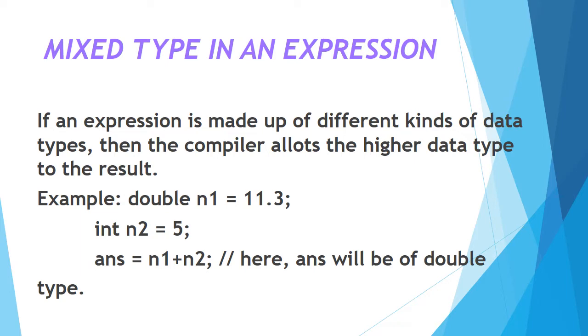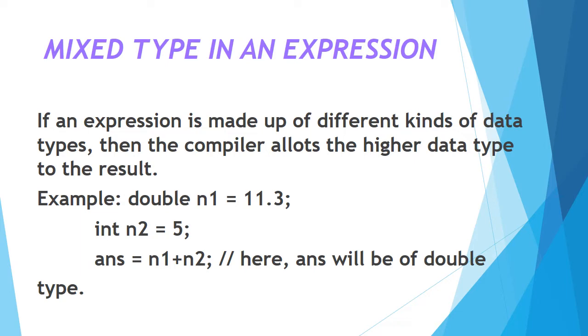Which data type variable we are using in our expression, among those the highest data type, the result or output will come in that higher data type. For example, if we have two variables, n1 of double data type with value 11.3, and n2 of integer data type with value 5.